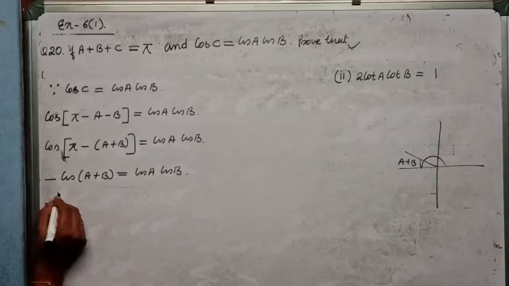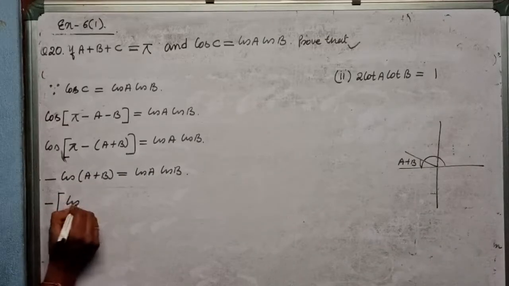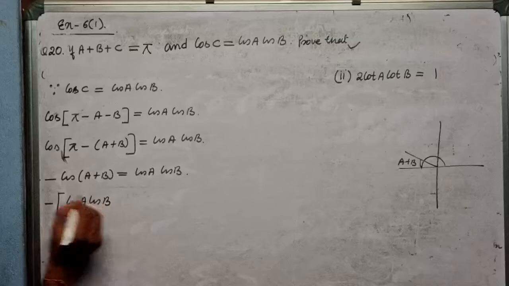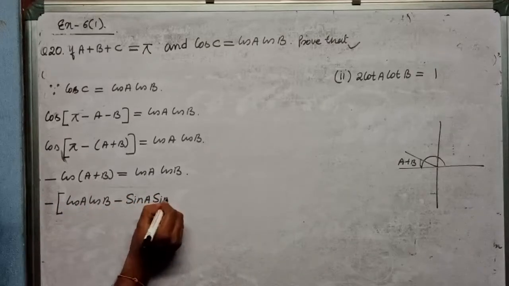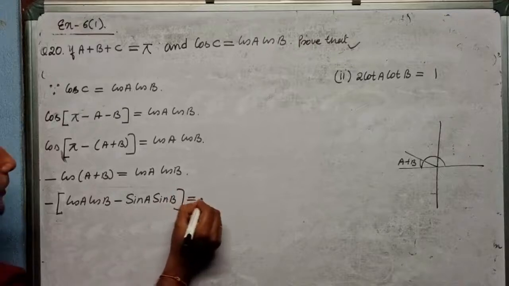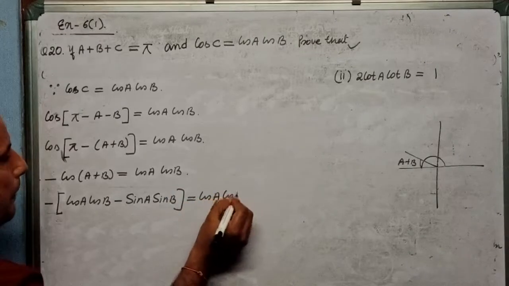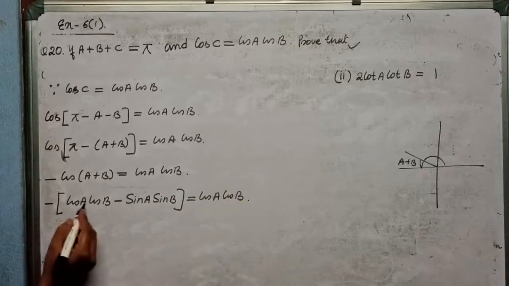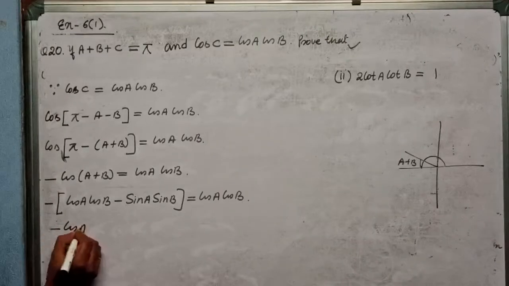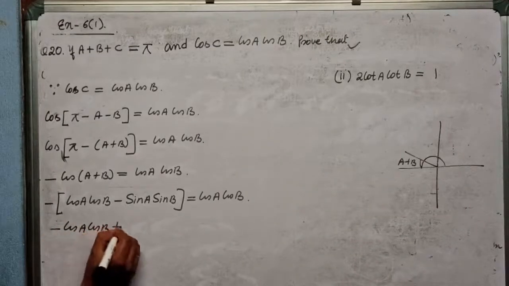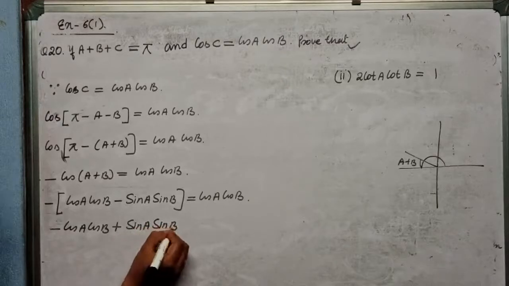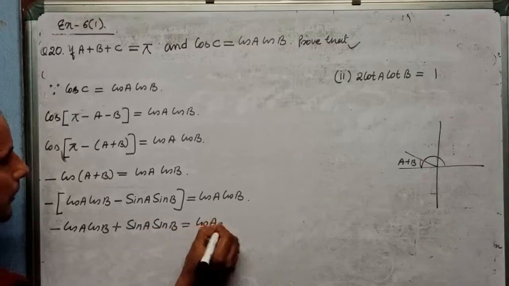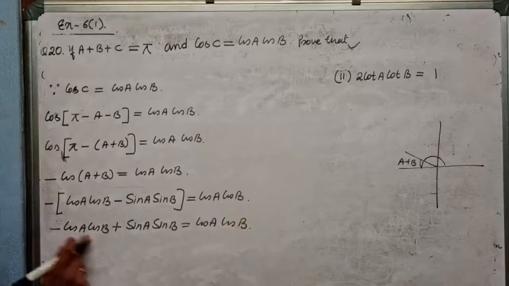Now then I'll use formula. Cos a plus b formula. It is cos a cos b minus sin a sin b equals to cos a cos b. Now then I'll open this bracket, it will be minus cos a cos b plus sin a sin b equals to cos a cos b. These two are the like terms.